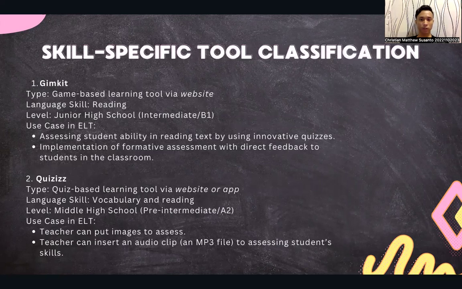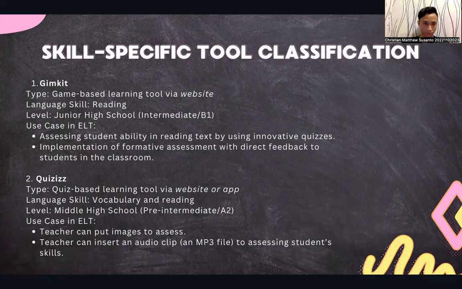For the skill-specific tool classification, in BIMKit, the type is a game-based learning tool via website, the target language skill is reading, and the level is junior high school or B1.